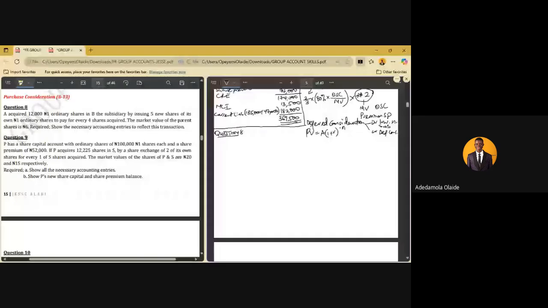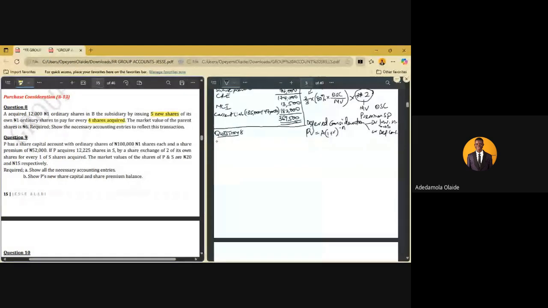The market value of the shares is given. Required: show the necessary accounting entry for the transaction. This is a share exchange transaction because they said they are issuing their own new shares to finance the acquisition of the subsidiary shares. So what do we do?